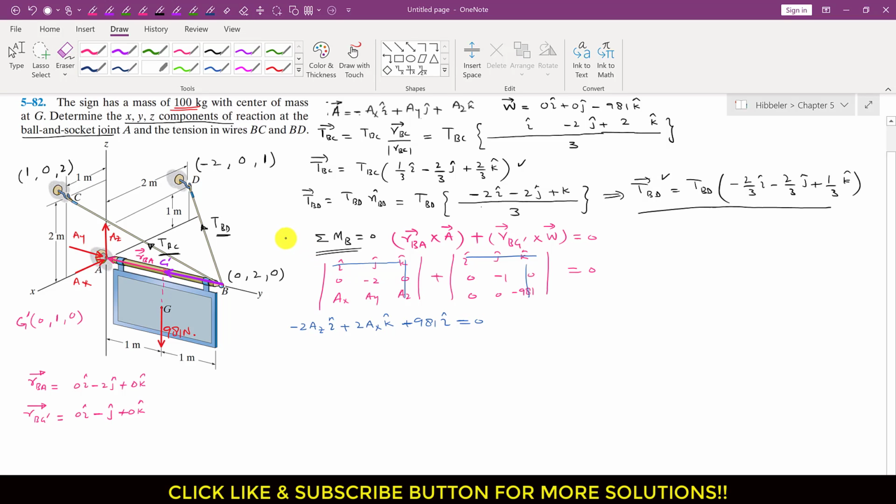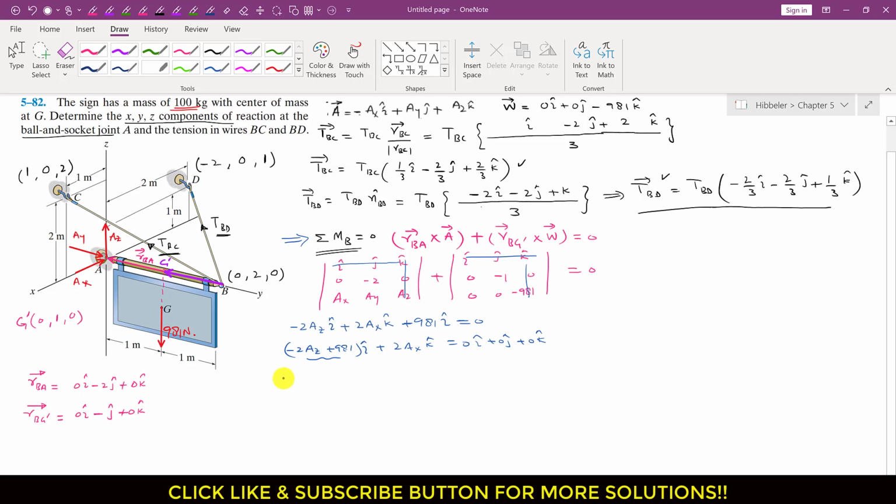So this equation gave us a very simple equation. I can write that this is minus 2AZ plus 981 into i, and plus 2AX k equals 0. This will be equal to 0 since here we have 0 i plus 0 j plus 0 k vector. So the i term is equal to 0 and the k term is equal to 0.